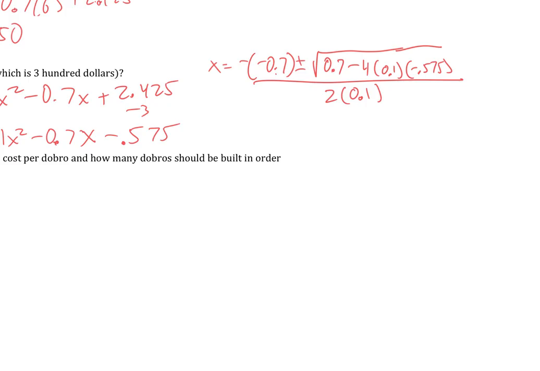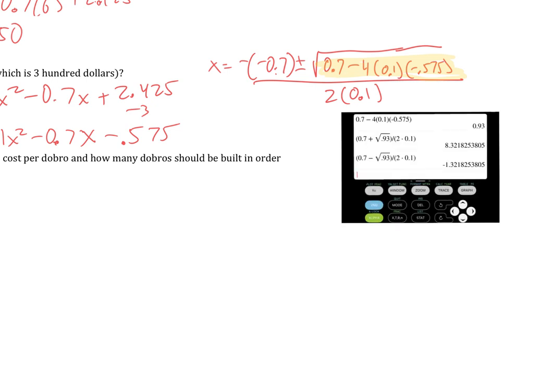Now, a lot of people have been having trouble with this. Here's what I would recommend: type out the discriminant just like it is. Don't do this in pieces. I see some people multiply this, then they multiply the 4, and so on. No, do this whole expression in the calculator.